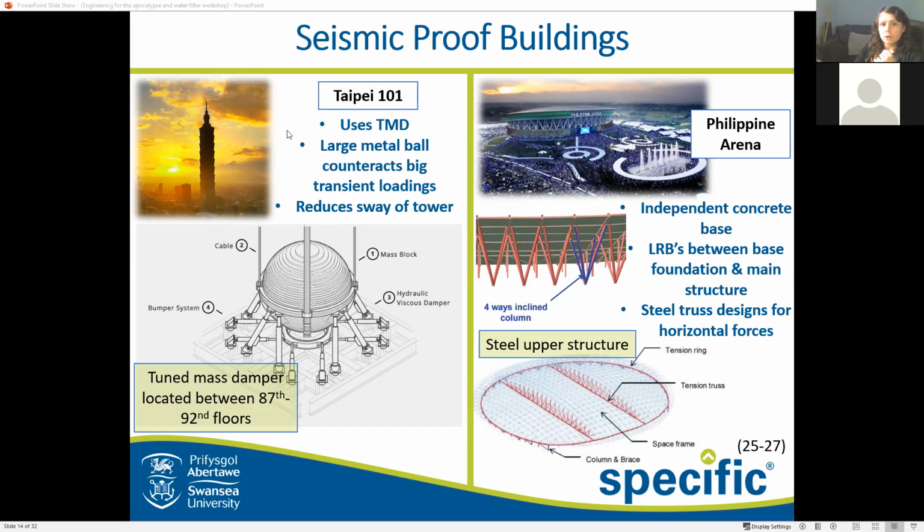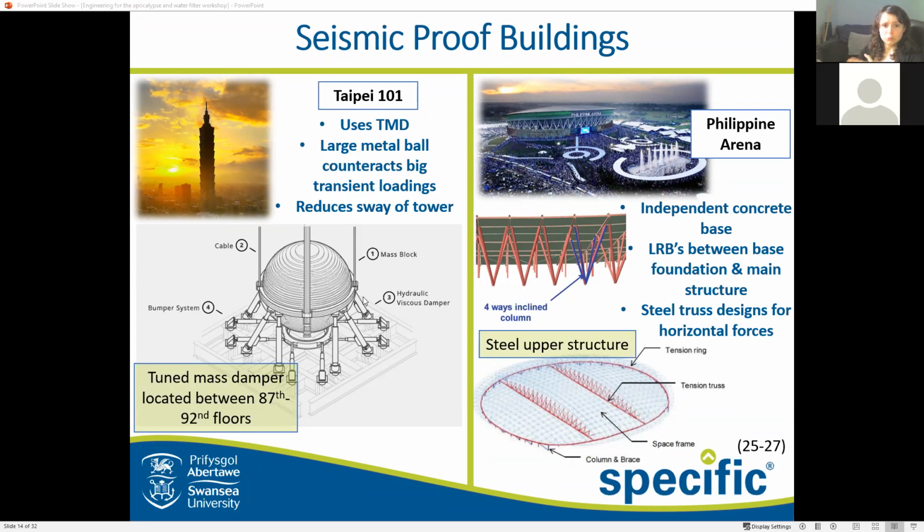The Taipei 101 skyscraper is located in Taiwan, and it uses a tuned mass dampener, which is simply a very large metal ball, based between the 87th and 92nd floors. This enables the ball to swing a little bit like a pendulum to counter the transient loads of the earthquakes and thus reduce the sway of the tower.